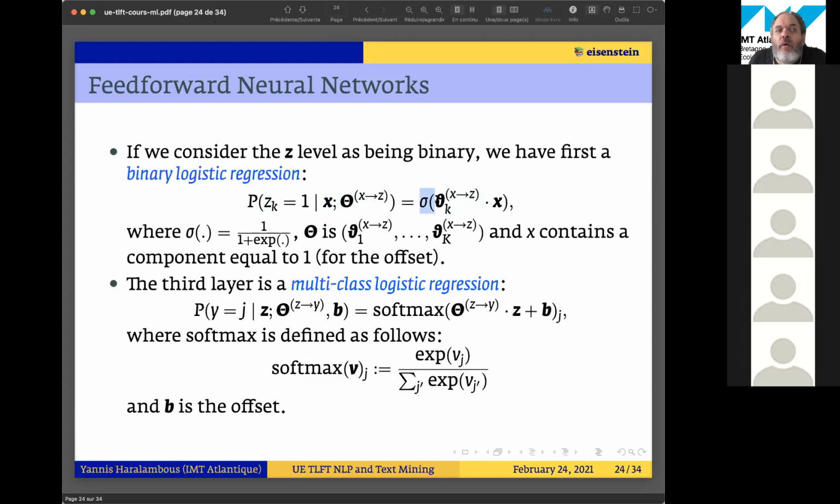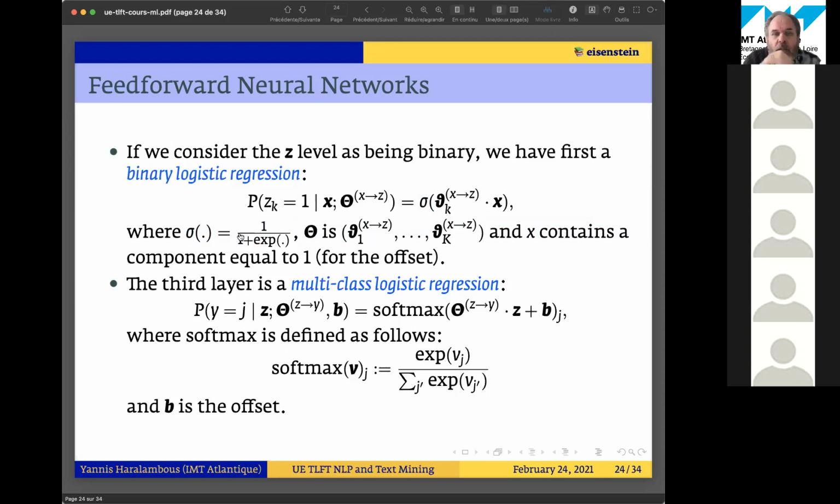It's logistic in the sense that my probabilistic model for this situation is based on the logistic function, which is 1 divided by 1 plus exponential. Sigma is used universally for this function, which is called the logistic function. It has the nice property of going from 0 to 1 in a very smooth way when x goes from minus infinity to plus infinity.